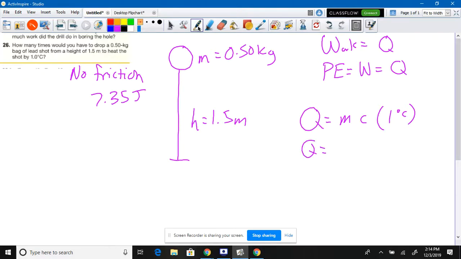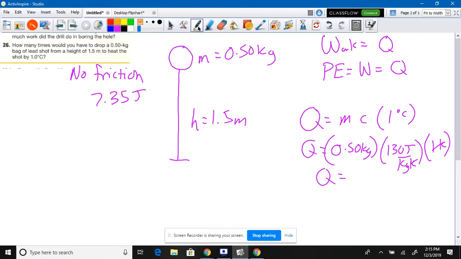Okay, so I have a 0.50 kilogram, and I have a heat capacity of 130 joule per kilogram Kelvin, and the 1 degree Celsius change is the same as 1 Kelvin change. It's just a temperature difference. 130 times 0.5, what's that? 65 joules.